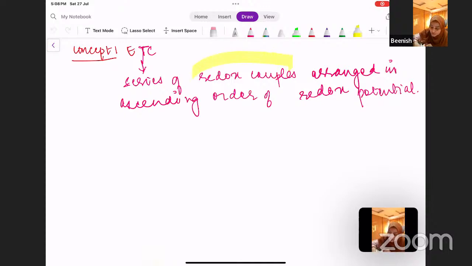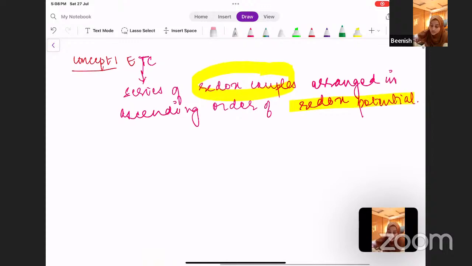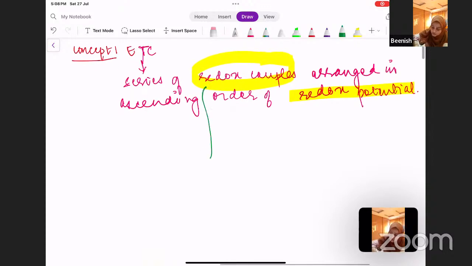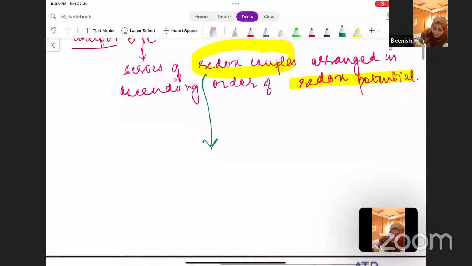Now, there are two terms here: redox couple and redox potential. What do you understand by redox couples? Your redox couples are those compounds that can exist both in oxidized as well as in reduced state. Example being your NAD plus and your NADH.